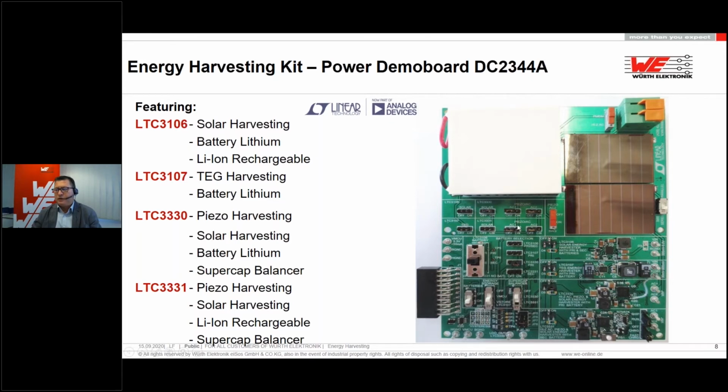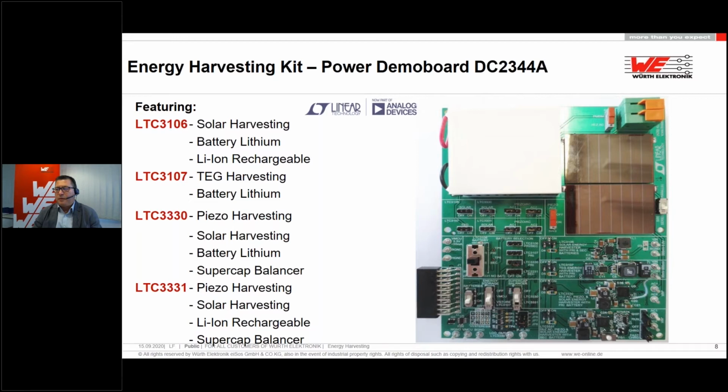All these jumpers and switches you can add to each DC-DC converter, and you can see what the efficiency is and how well you can convert this non-electric energy into electric form. This is very easy. It's already delivered in operating condition, so you don't need to redesign anything. If you want to make your own design, you can ask for the Gerber files and you can copy and paste and it works.